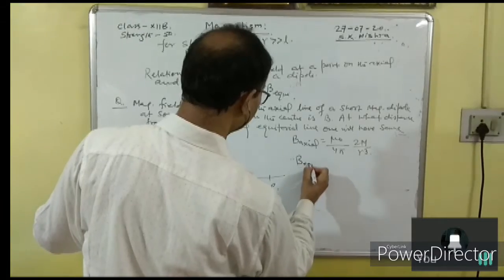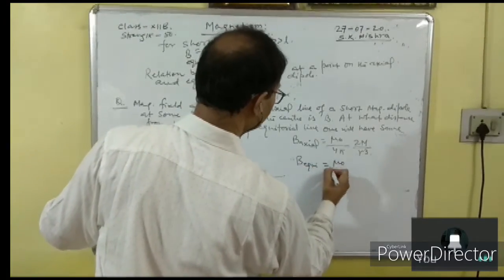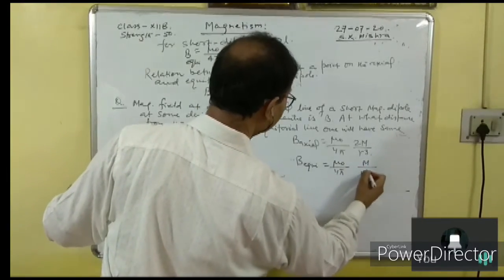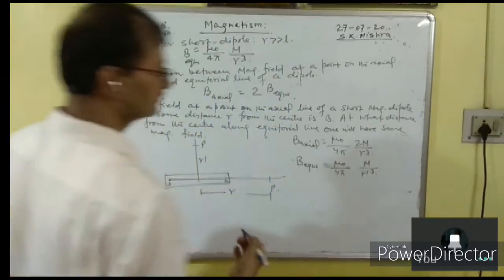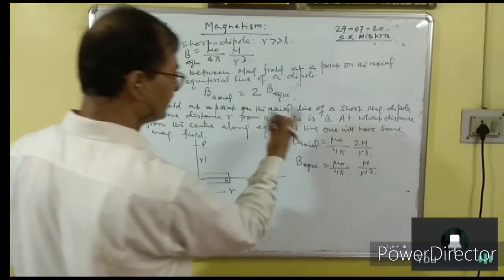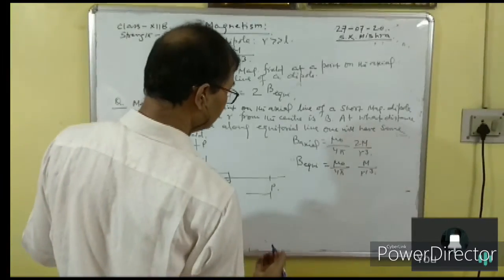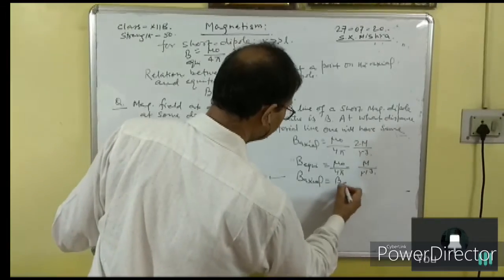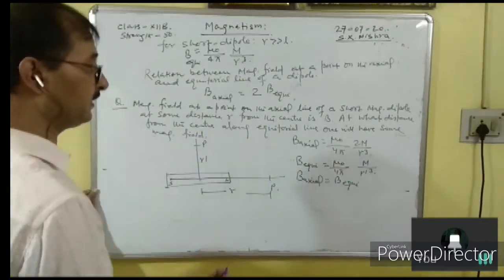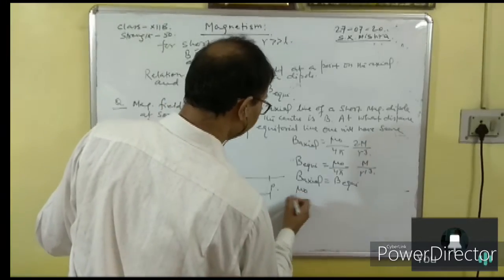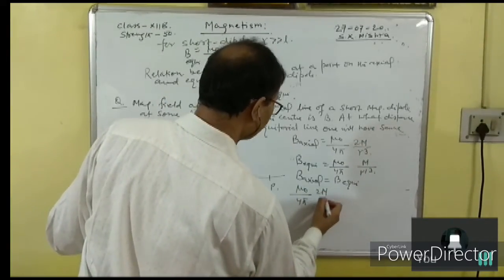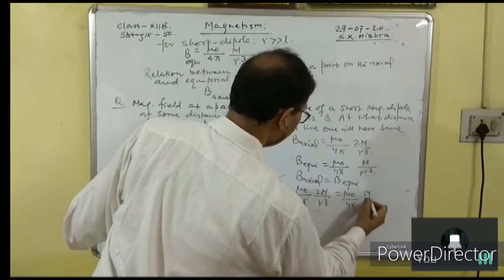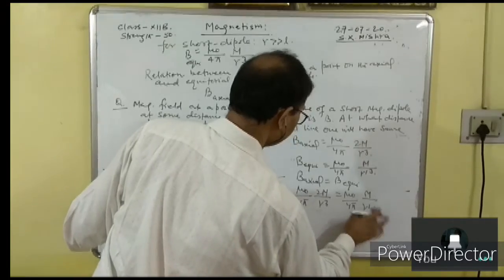So there exists a relation between the magnetic field at a point on the axial line and the magnetic field at a point on the equatorial line of a dipole.